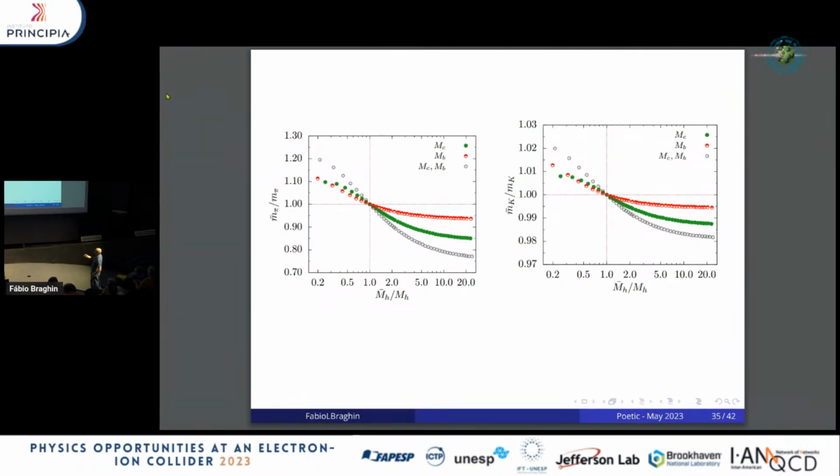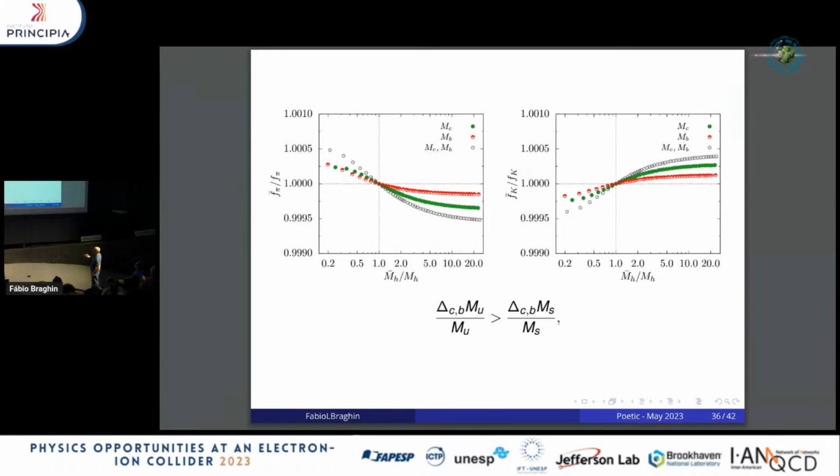Here, the pion mass as a function of the heavy quark constituent mass varies very much. This is 20% of the value of the pion mass. For the kaon, this variation is much less, of the order of 1 or 2%. This contribution for the pion mass is certainly overestimated. This is the variation of the pion weak decay constant, which is less than 1%.